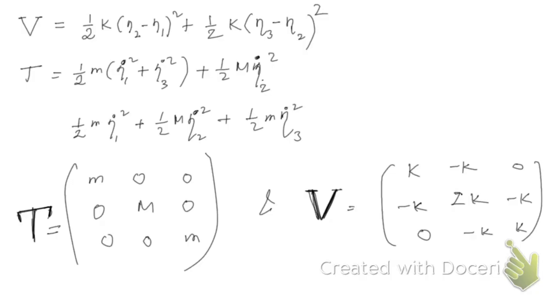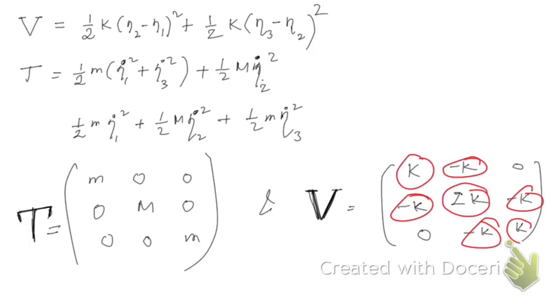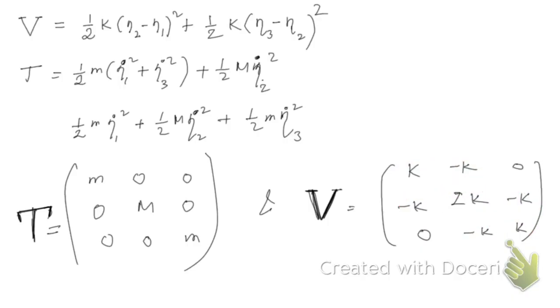Just very easy to remember. First put those four minus k's. Then here put twice k, and here plus k, plus k. Remember it that way. For the time being, remember it this way.